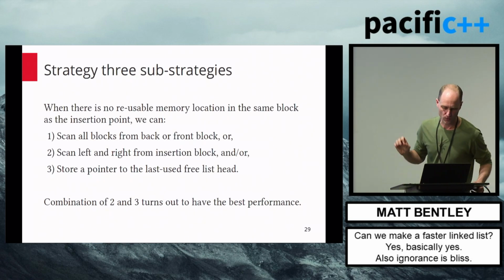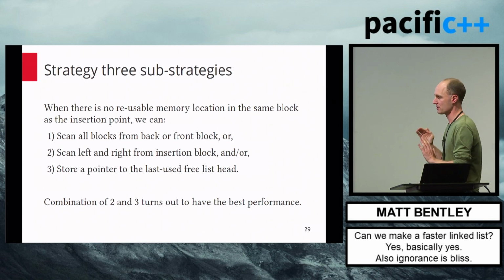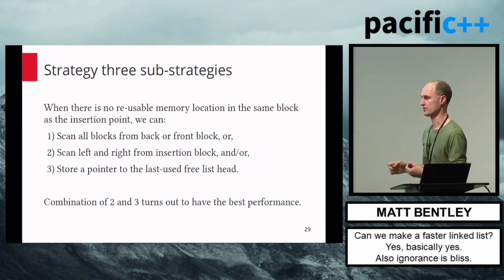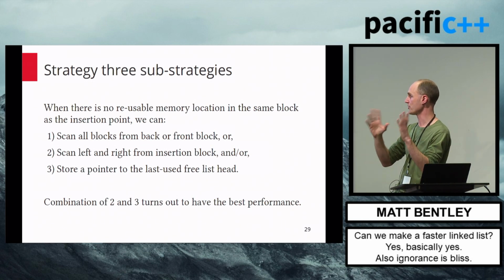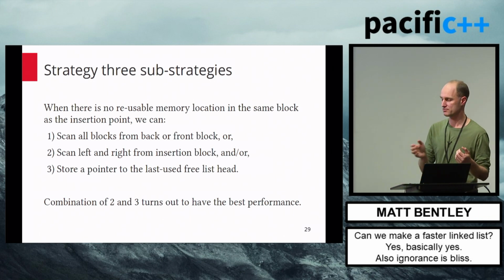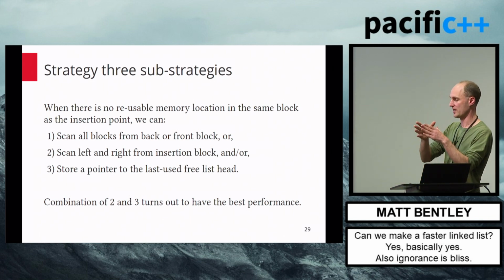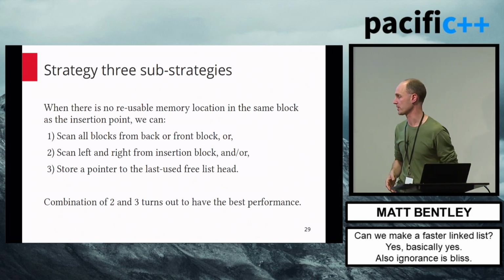So we can just scan all the blocks. I mean, there is a counter in memory that says, okay, we have some erased nodes or we don't have some erased nodes. So we check that first, obviously. But if we do have some erased nodes and there aren't any in the node chunk that's pointed to by the insertion iterator, then we can either just scan all of the blocks from front to back or back to front, or we can kind of start scanning left and right from the node chunk that we're currently at.